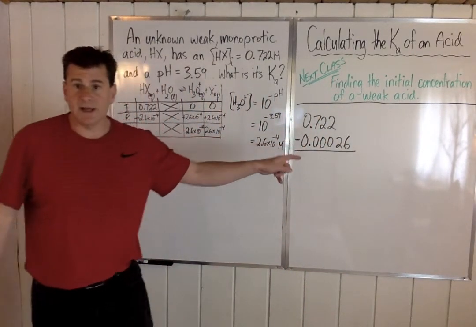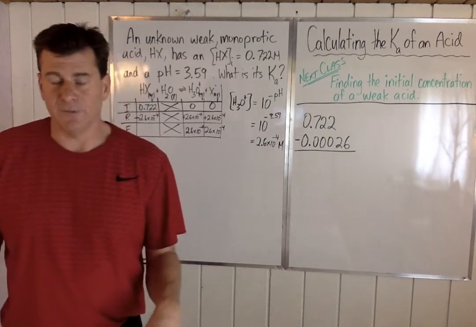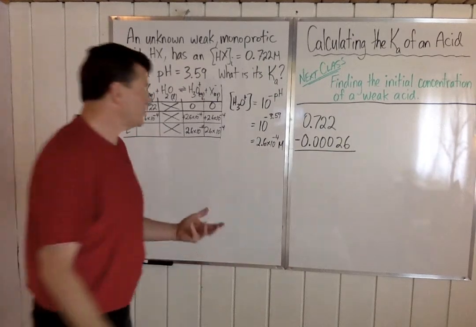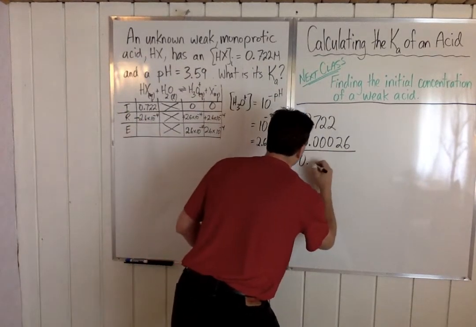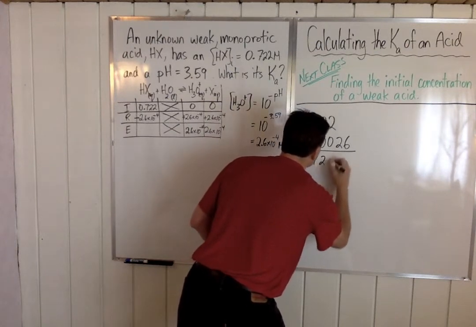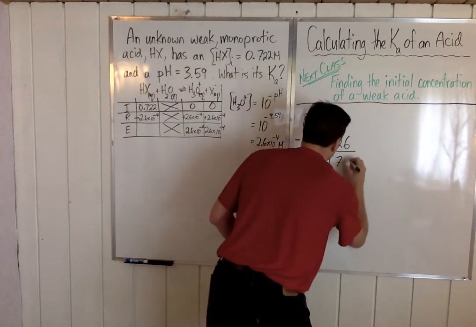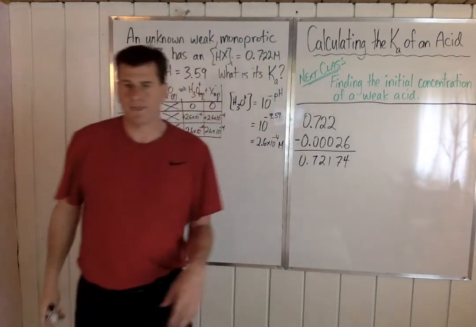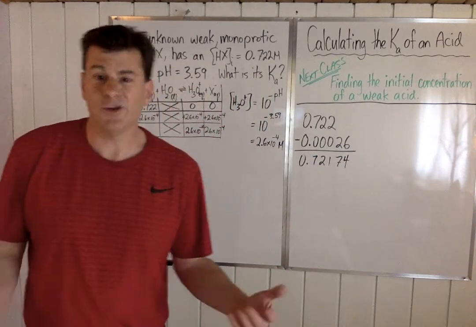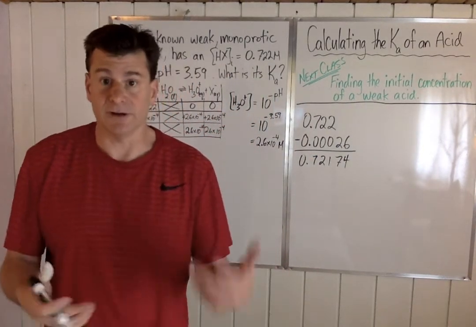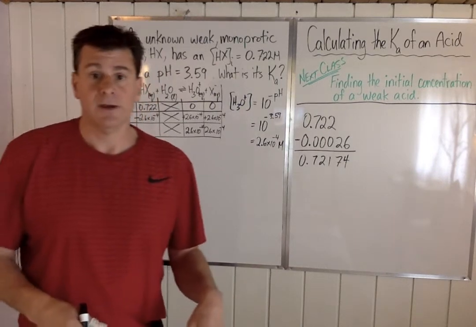So this one down here, that is 2.6 times 10 to the negative 4. Now when I do this subtraction I get 0.72174. Okay, so if you do it on your calculator, that's what you're going to get. Your calculator will give you that value.